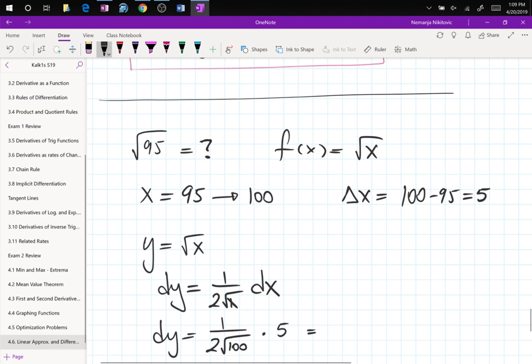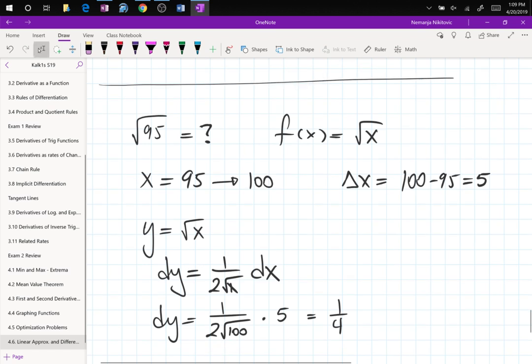Square root of 100 is 10. So this is 1/4, right? Because it's 10 and then 2, and 2 times 2 is 4.